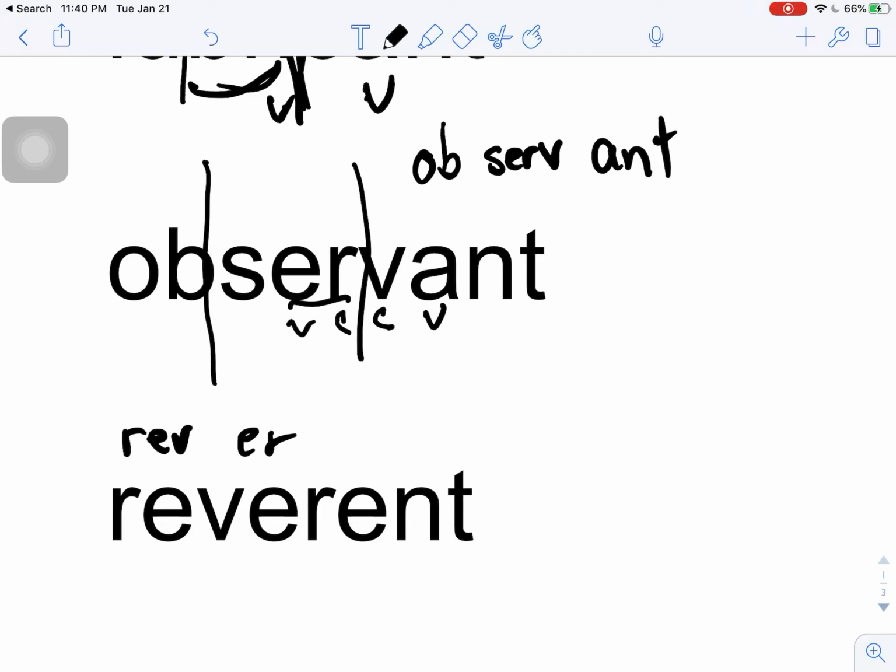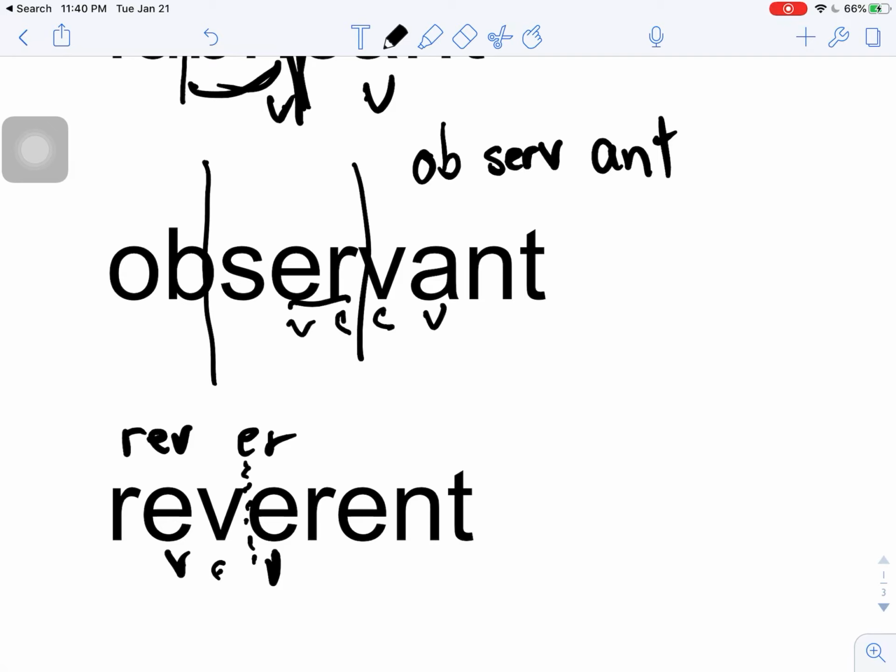Because if I split my syllable like this, I would have to say re, and I don't want to say reverent. So I would say my syllable is rev, ent. Now this is a case where I have a vowel, one consonant, and I have to split after it.